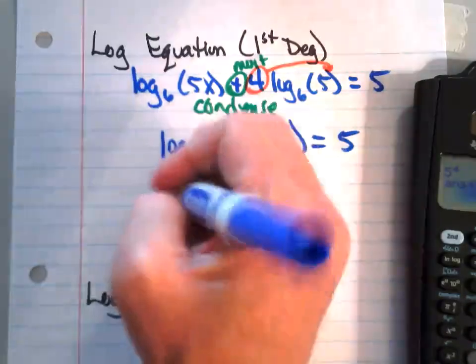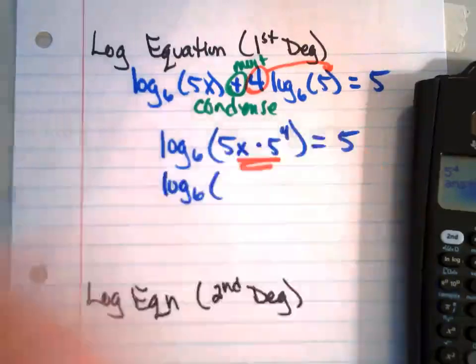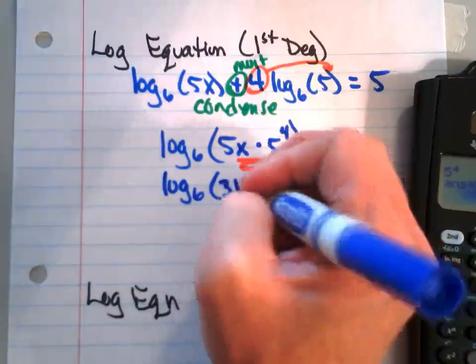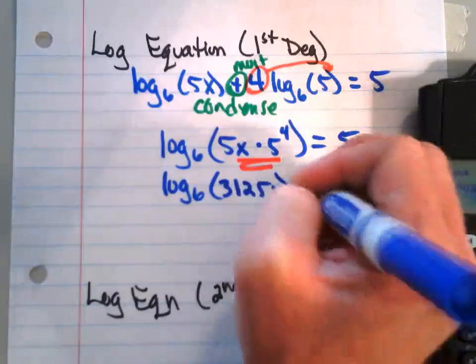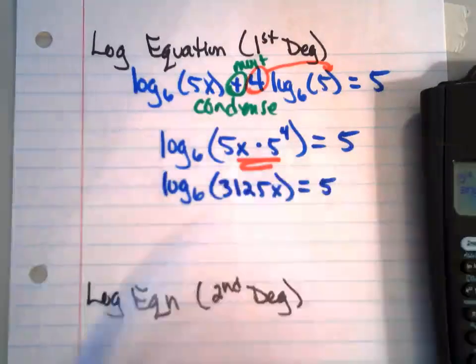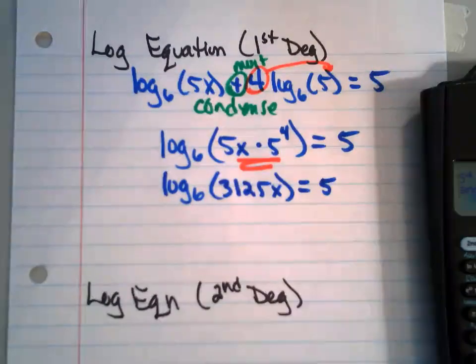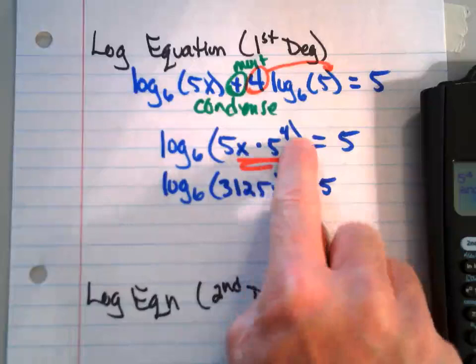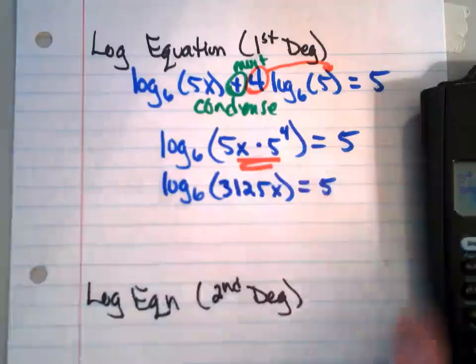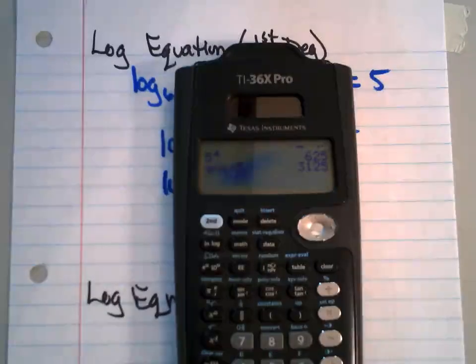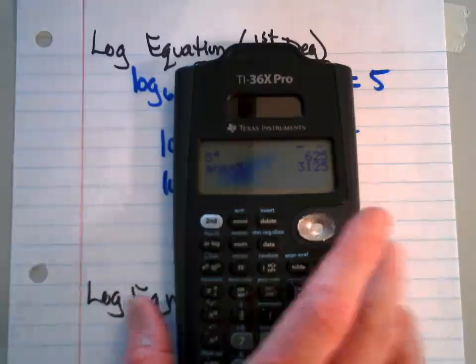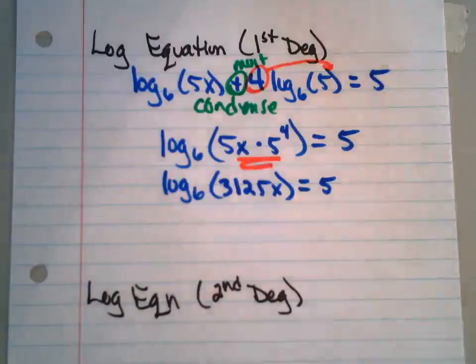So it's log base 6 of 3,125x equals 5. 5 to the 4th is 625, and multiply that by 5, we got 3,125.